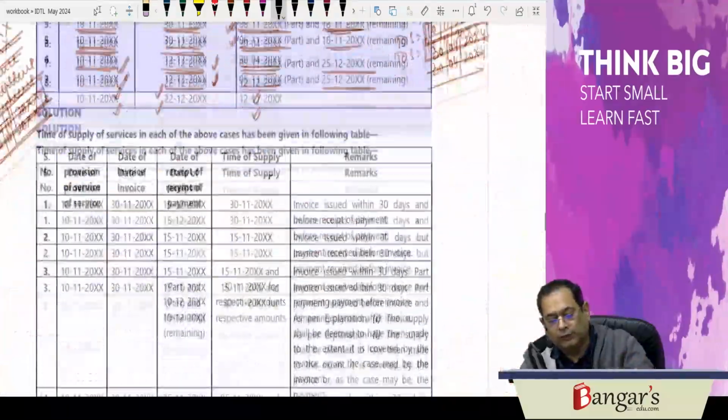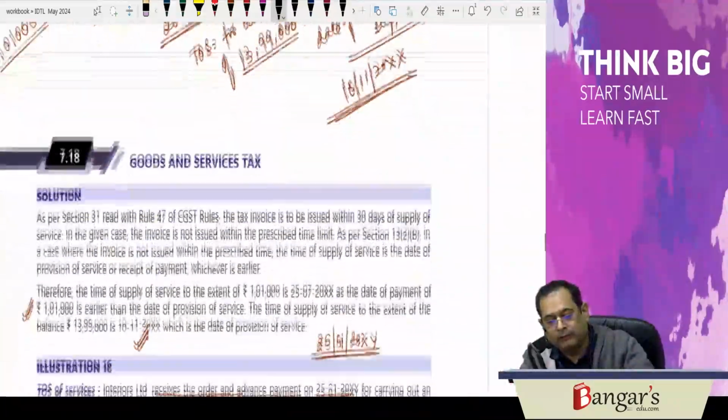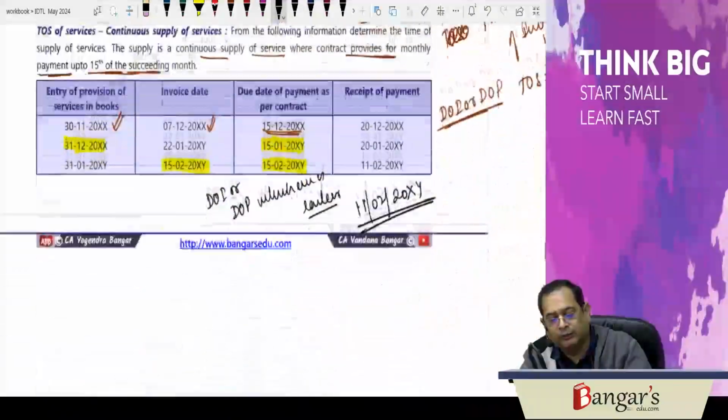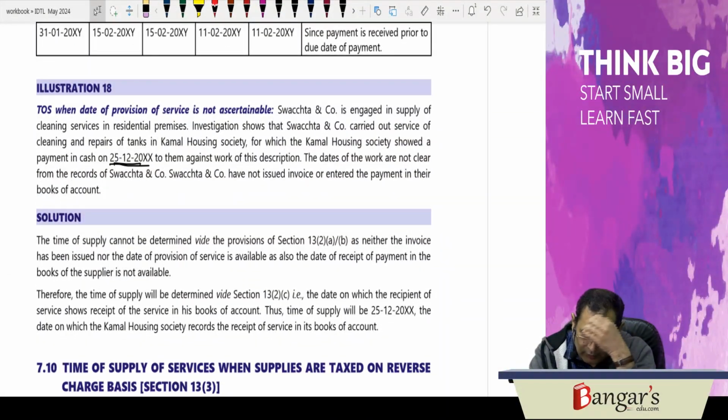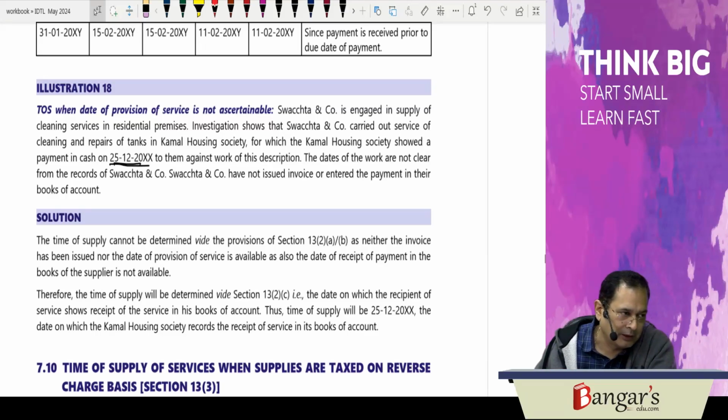So in this particular case, the time of supply will be the date when the recipient shows the receipt of services in his books, that is 25/12. So that was the practical questions of determination of time of supply under forward charge mechanism.